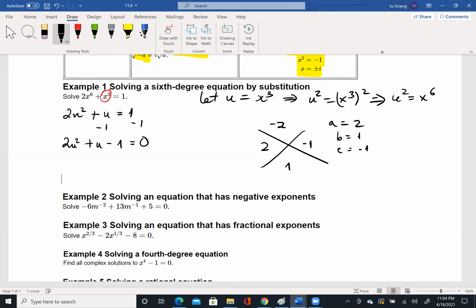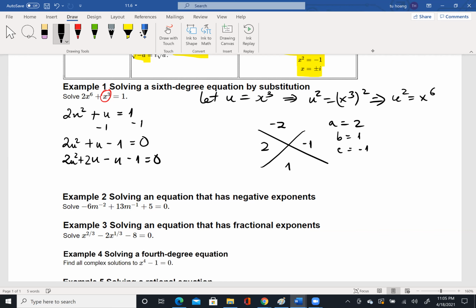Since A equals 2, you cannot use a special case. You actually have to split the middle term into two terms. You have 2u squared plus 2u minus u minus 1 equals 0.